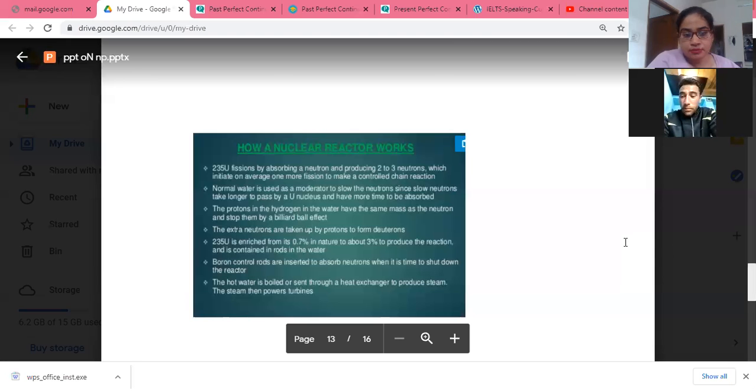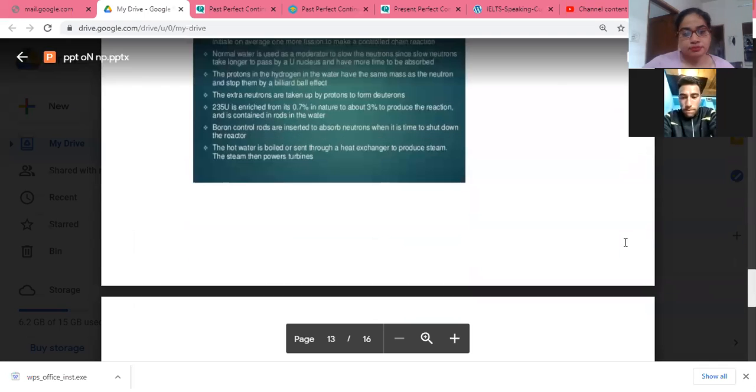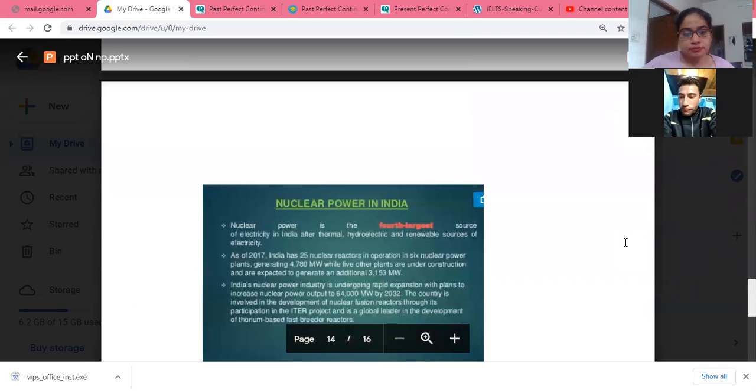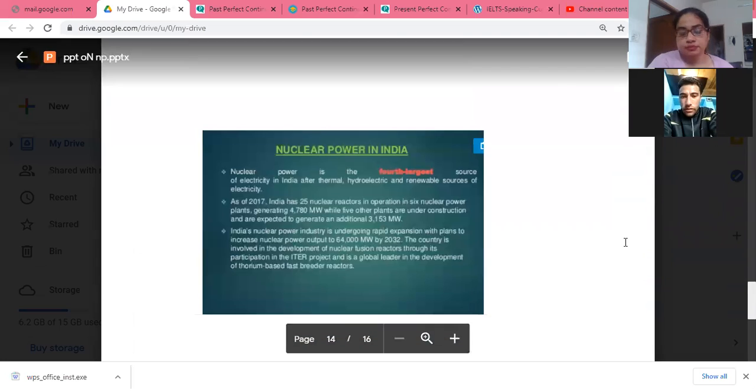The next one is nuclear power in India. Nuclear power is the fourth largest source of electricity in India after thermal, hydroelectric and renewable sources.